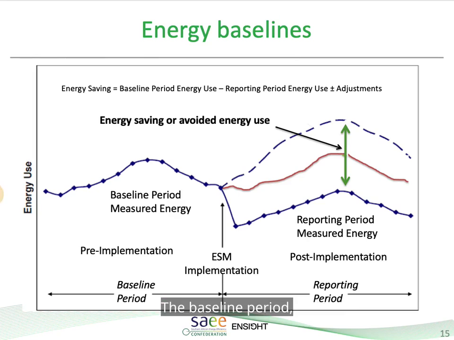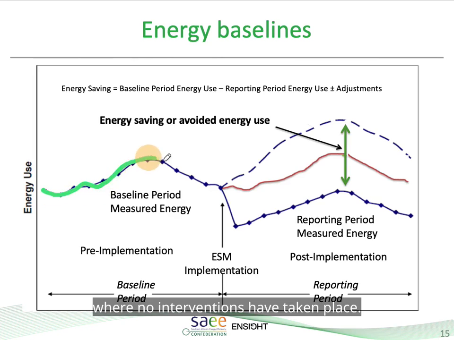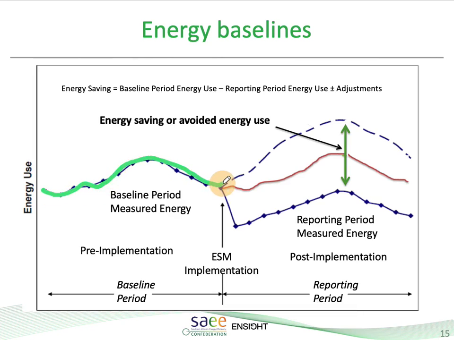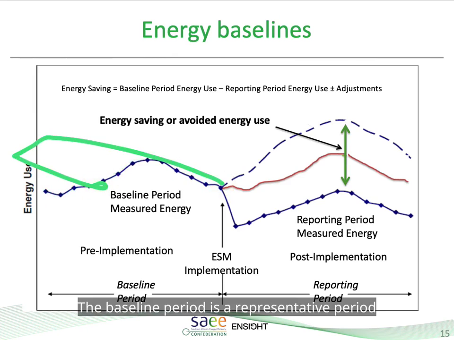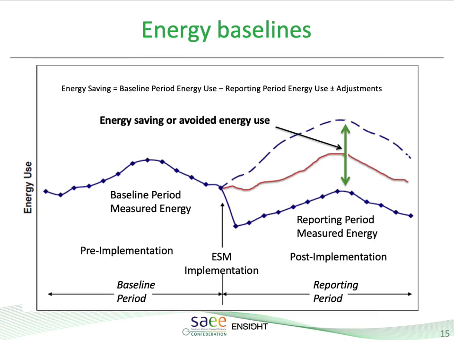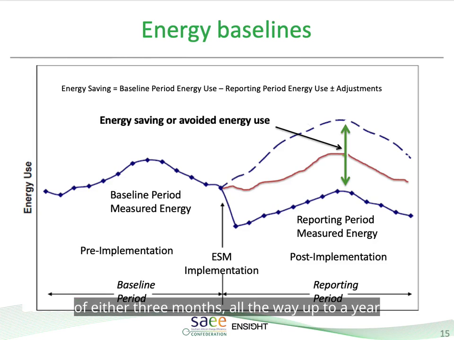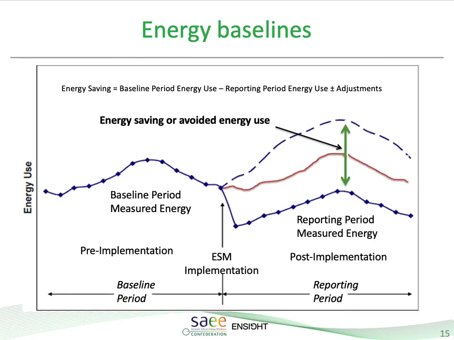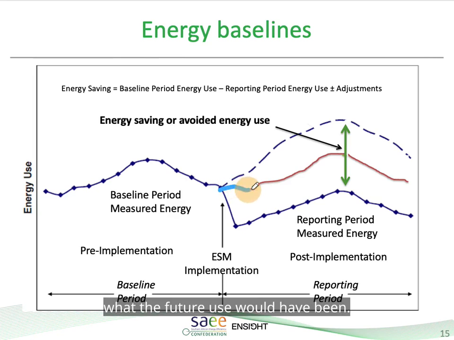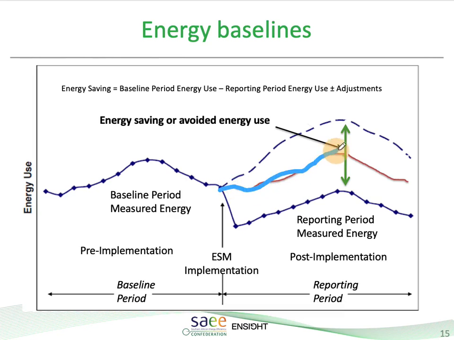The baseline period will have a measurement period where no interventions have taken place. The baseline period is a representative period of either 3 months all the way up to a year worth of data with the correct driver. This can be extrapolated to show what the future use would have been.